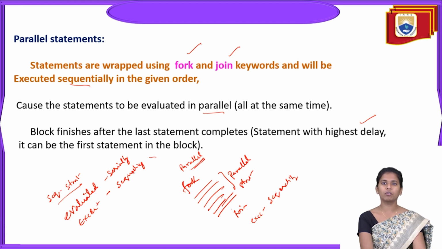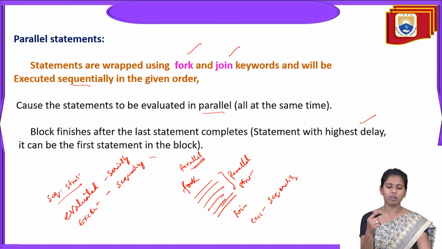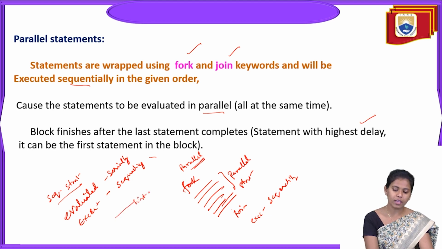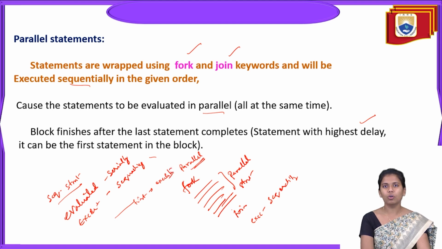So when you are blocking the statements, always remember the statement with the highest priority, the highest delay, will come first and execute first, and then come the other statements.